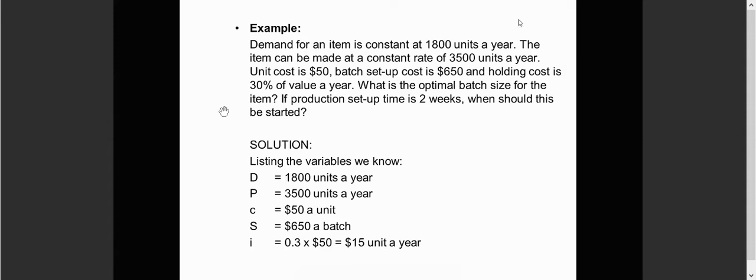So we take out all the data from the information given here. The demand is 1,800 per year, the production rate is 3,500 per year, the price per unit is 50 ringgit, the setup cost is 650 ringgit per batch, and the holding cost is 30% of the unit price, equal to 15 ringgit per unit per year.